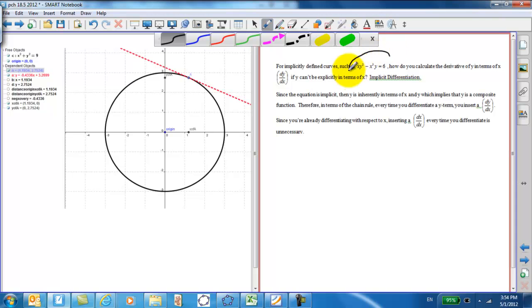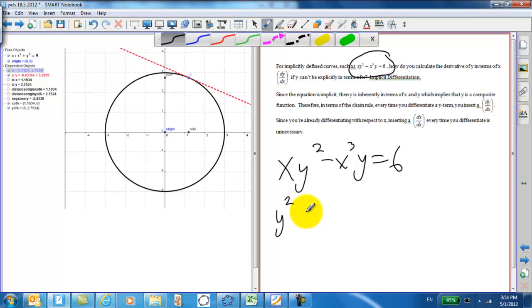We're going to start with this example of xy squared minus x cubed y equals 6. This is very hard to solve for explicitly. Now I suppose one could say, oh, but you can think of this as y squared times x plus negative x cubed times y plus negative 6 equals 0, and put it into the quadratic formula and solve for y.